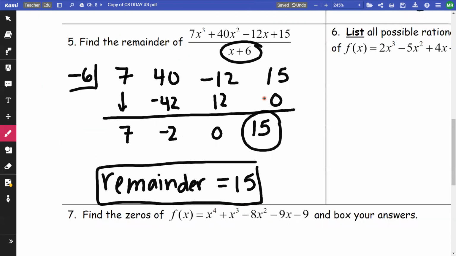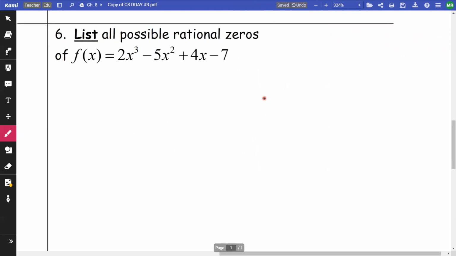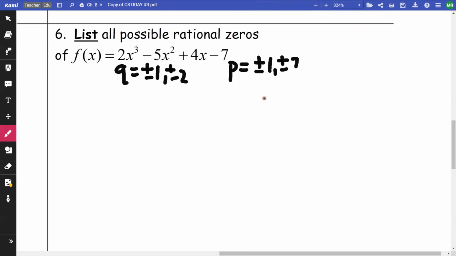On number 6, they want us to list all possible rational zeros. So my Q is going to be my 2. So that's going to be either ±1 or ±2. My P is the 7. That's going to be a ±1 or ±7.